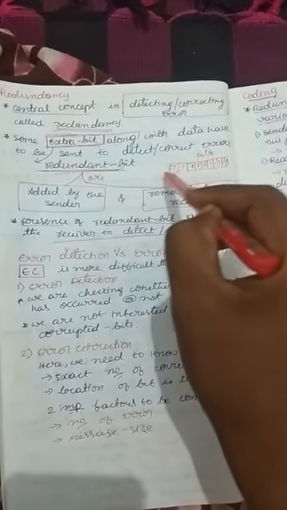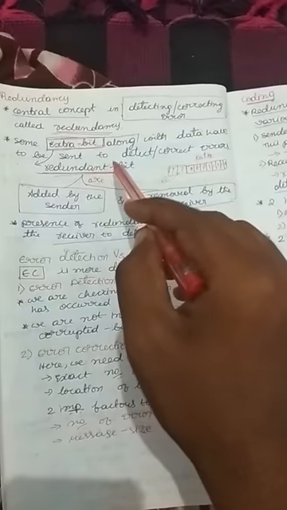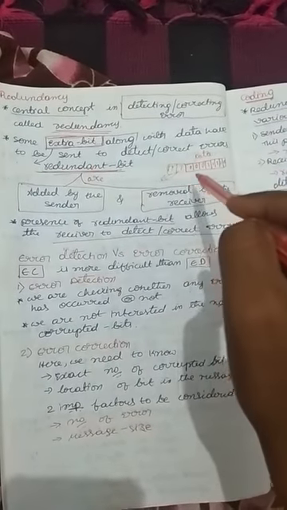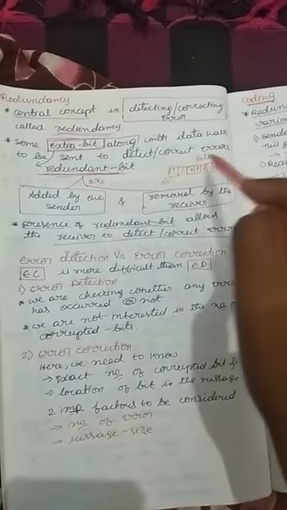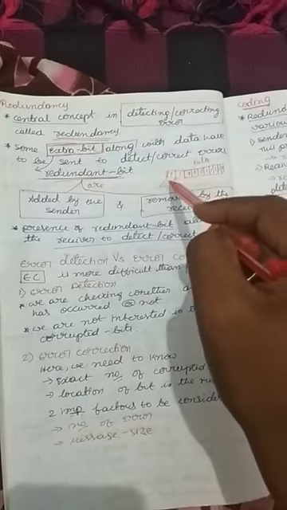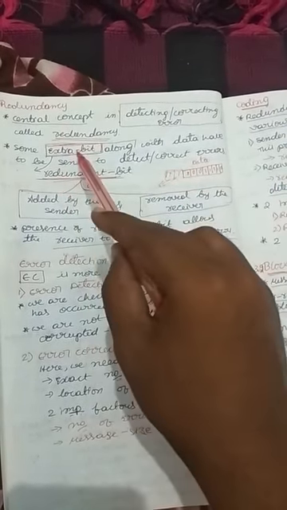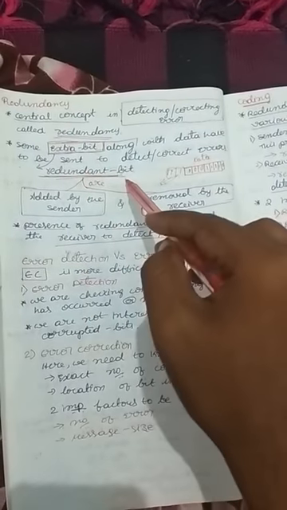These two are extra bits sent along with the data to detect and correct errors. You can see that this is the data, and I am adding 2 extra bits. These 2 bits are called extra bits, and extra bits are called redundant bits.